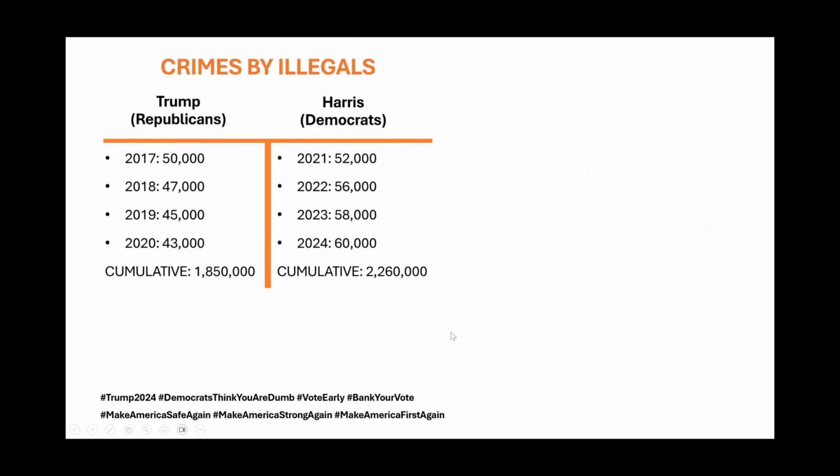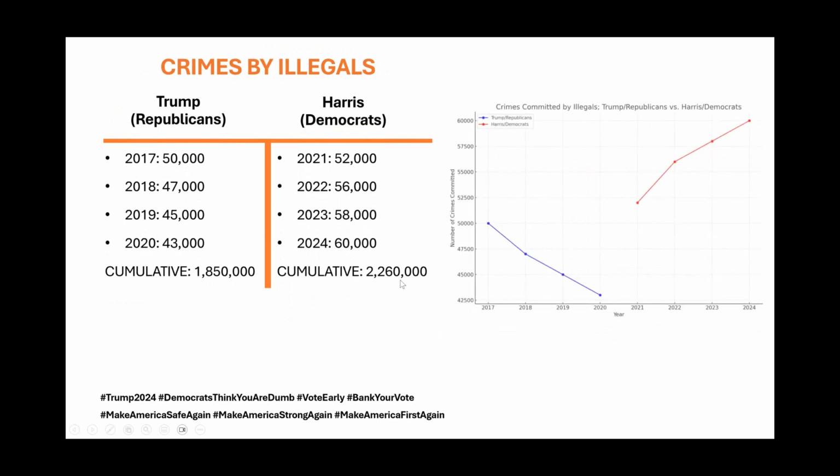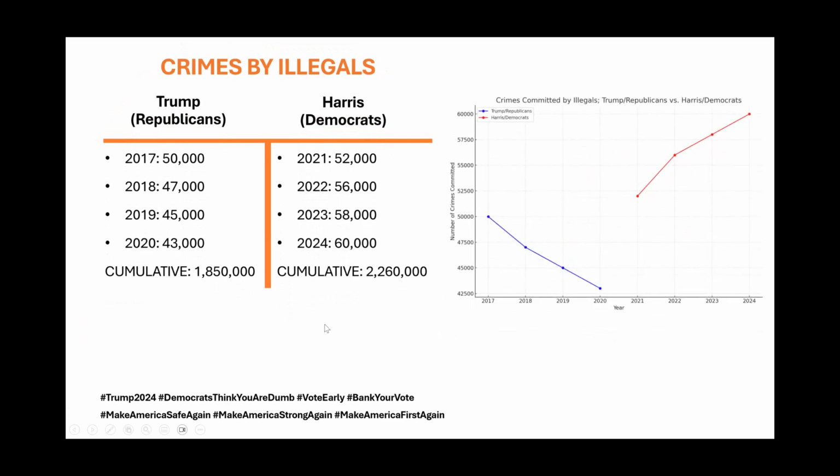It's really unfortunate. Crimes by illegals 1.8 versus 2.2. Again, we're not casting aspersions on illegals. This is impact on policy. 2.2 million crimes potentially committed by individuals who should not, could not, or possibly would not have been in the country under a different policy or administration system.